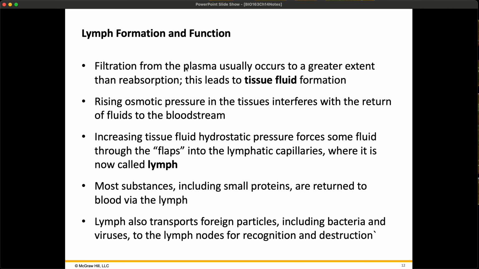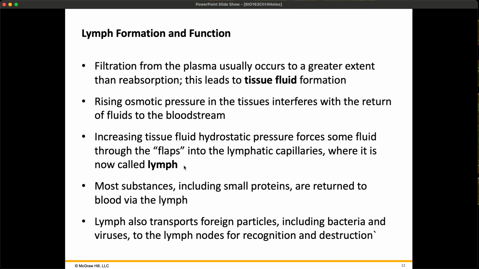So filtration from plasma usually occurs to a greater extent than reabsorption. That's producing that tissue fluid. Osmotic pressure in the tissues interferes with the return of fluids to the bloodstream. So that increasing tissue fluid starts to push that lymph into the capillaries. So rather than being pushed back into the bloodstream, it gets pushed into the lymphatic capillaries, and that's where it's called lymph.